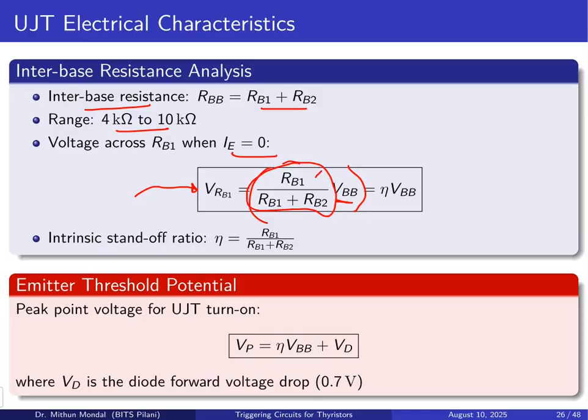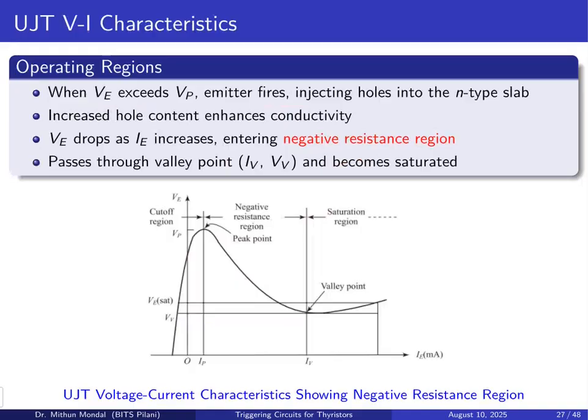This ratio is eta, the intrinsic standoff ratio, RB1 by RB1 plus RB2. The emitter threshold potential, which is the peak point voltage for the UJT to turn on, is given by eta times the base voltage plus the diode forward voltage drop, which is 0.7 volt for silicon. So we require this much voltage for the UJT to turn on.